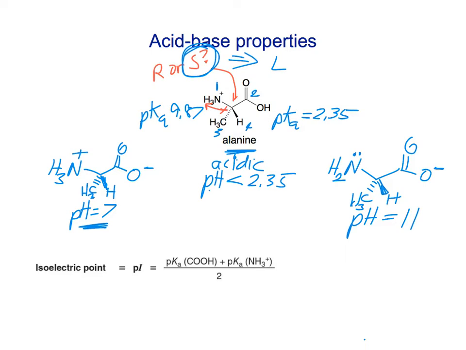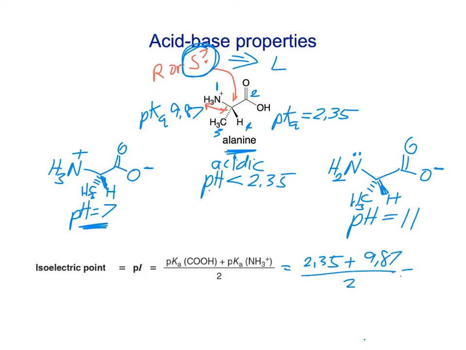Each amino acid has something that's called the isoelectric point. That is the pH at which the amino acid would be neutral. The way that we calculate it is just by averaging the pKa's of all the acidic and basic groups in the structure. So for alanine, we would add the pKa of the acid, 2.35, plus the pKa of the ammonium ion, 9.87.